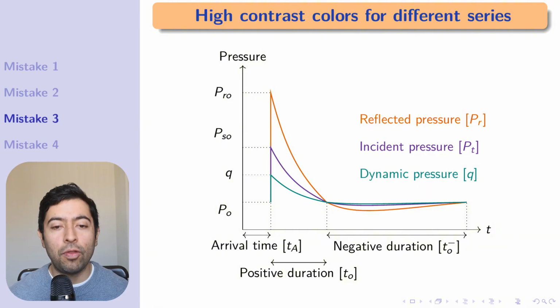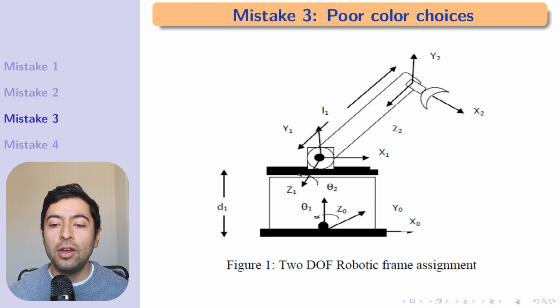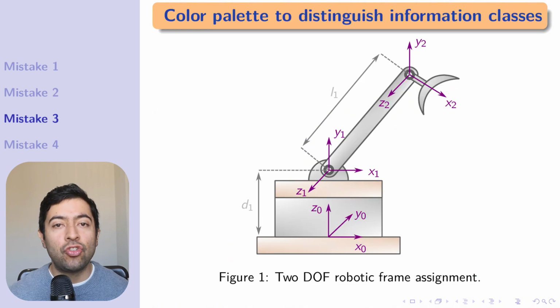Let us see another example for this mistake. Here we have a robotic arm. Now this is perfectly fine if you have enough time to investigate this image and try to understand what each letter means. But in this variation, what I've tried to do is use color strategically to signal different types of information.